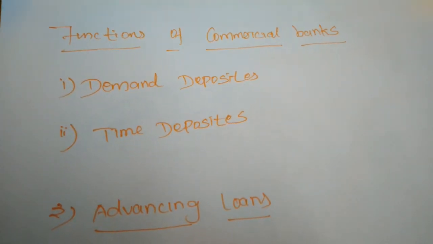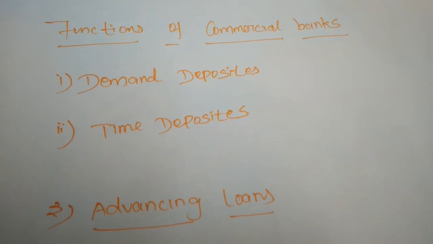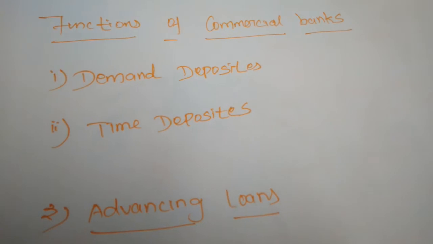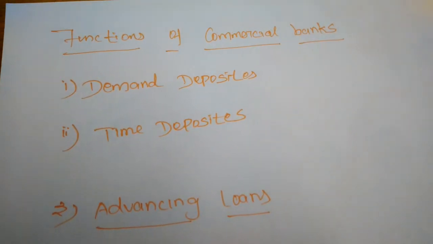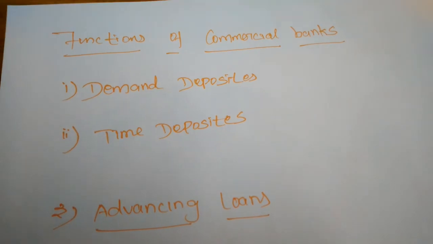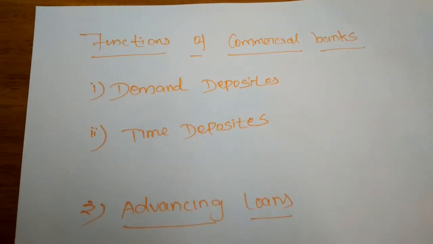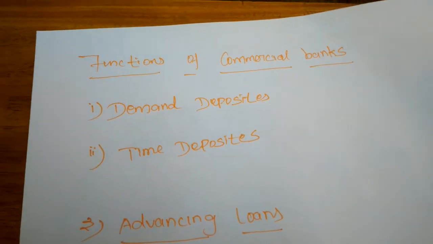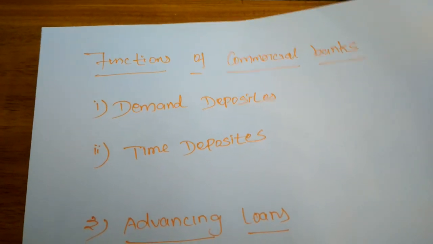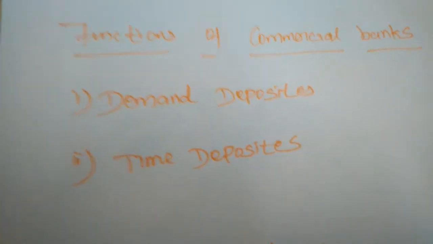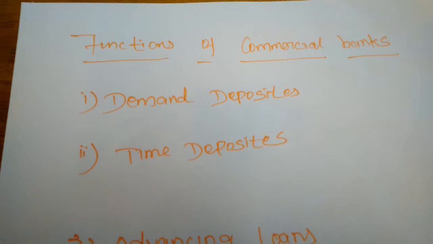Under the primary functions, the commercial banks accept deposits from the public. It implies that commercial banks are mainly dependent on public deposits only. Accepting deposits is classified into two types: demand deposits and time deposits.